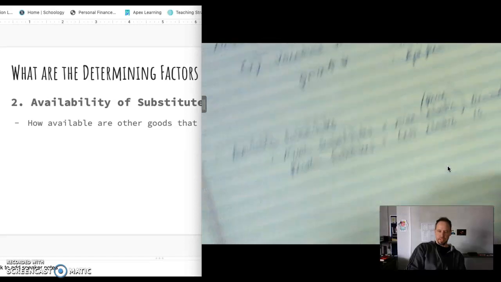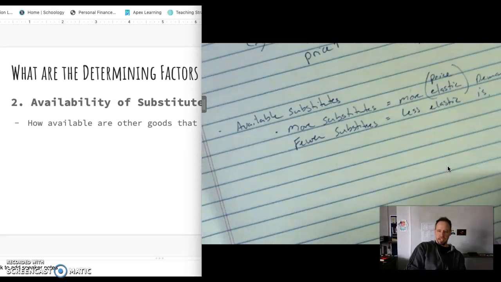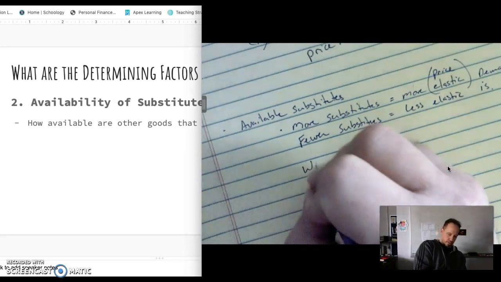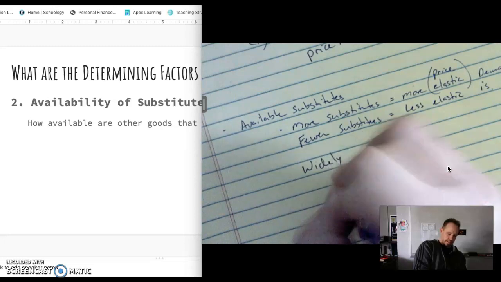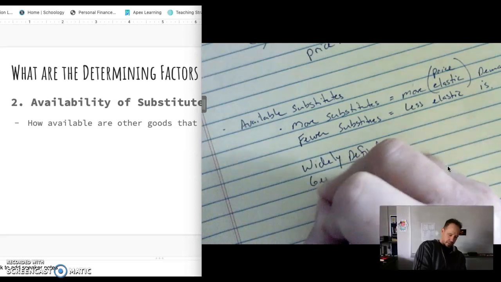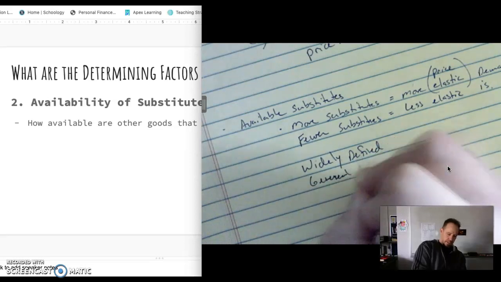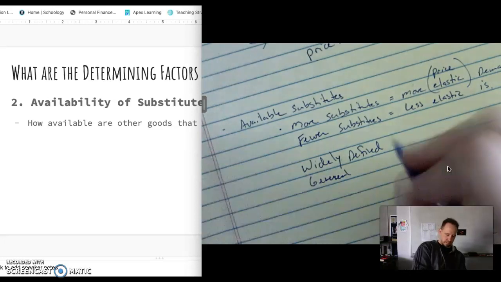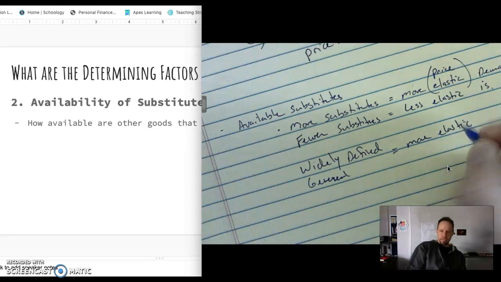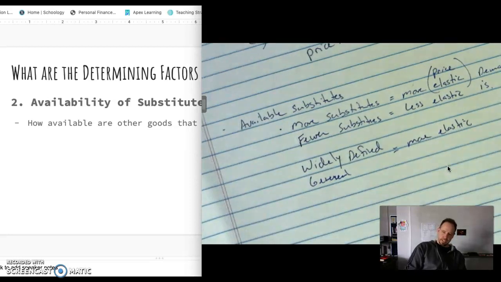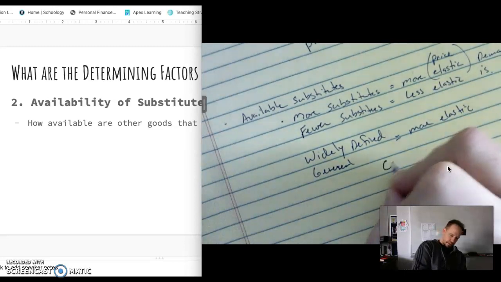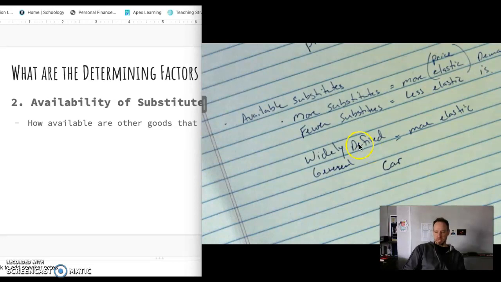And another thing to think about when we talk about substitutes is how goods are defined. The more general they're defined, the more inelastic; the more narrowly, the more elastic. Let's use the example of a car. A car is very generally, very widely defined.